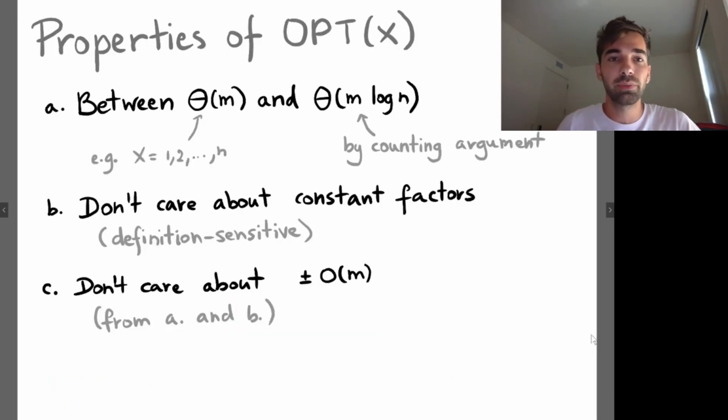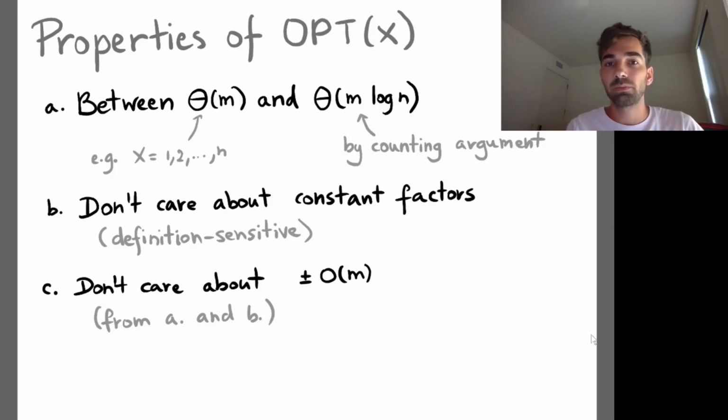So what are some things that we can say about OPT of x? First, it has to be between theta of m, which is just the length of the sequence, and theta of m times log n. The reason why it's at least theta of m is just because of the way we defined it. We have a unit cost at least for every query.